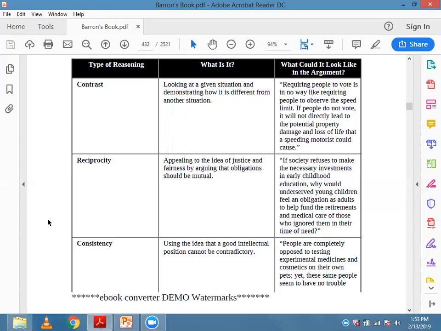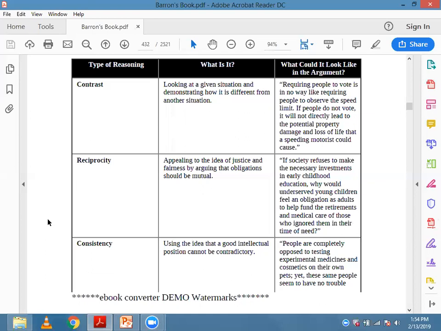So what does it show? It shows a lack of consistency in our attitude towards women. If there is a lack of consistency, there is a contradiction in that argument, and that argument becomes invalid. The argument becomes weak when there is a contradiction in it.